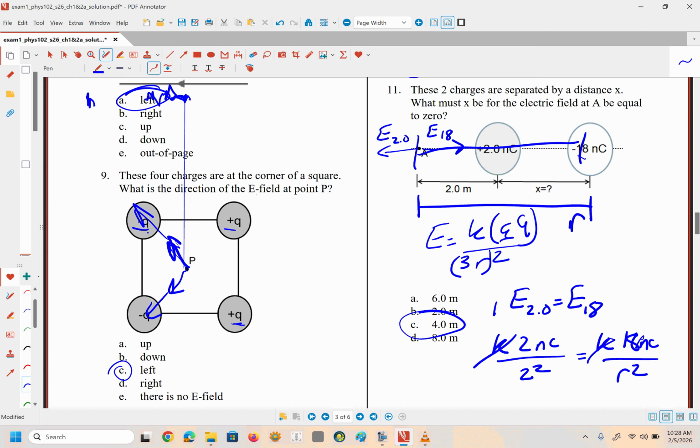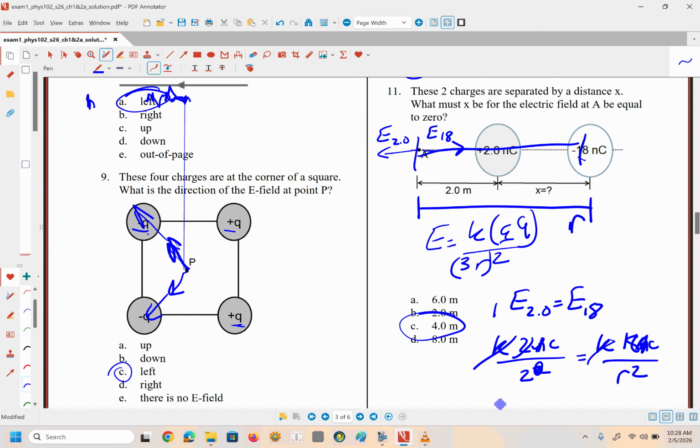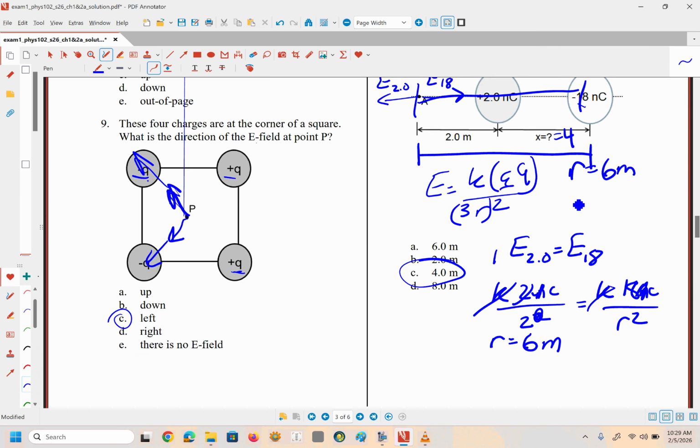K's cancel, the nanos cancel. This 2 cancels with one of those 2's. And so R would be equal to the square root of 36, which is 6 meters. So this distance would be 6 meters, and that means that this distance would be 4 meters.